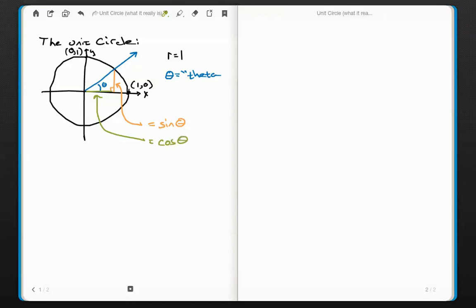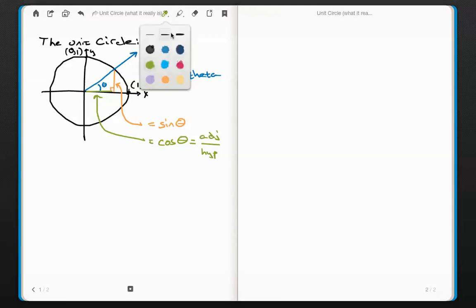All right. So the one definition of the sine of theta is opposite over hypotenuse. So what I'm in green here, this one is, cosine is adjacent over hypotenuse, right?